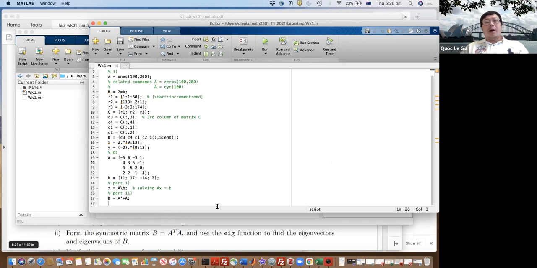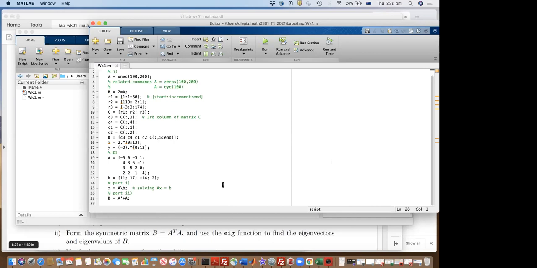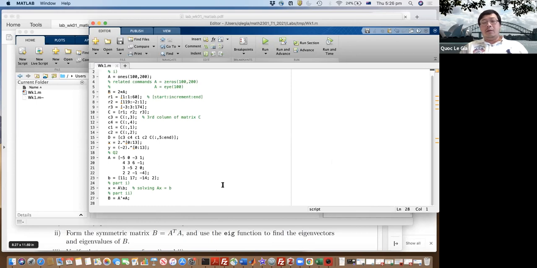Okay, so finding eigenvalues and eigenvectors is not easy, right? If you remember first year linear algebra, you have to solve the characteristic polynomial to get the eigenvalues, and then from that you have to take a null space in order to get the eigenvectors. But in MATLAB, they have done it for you.